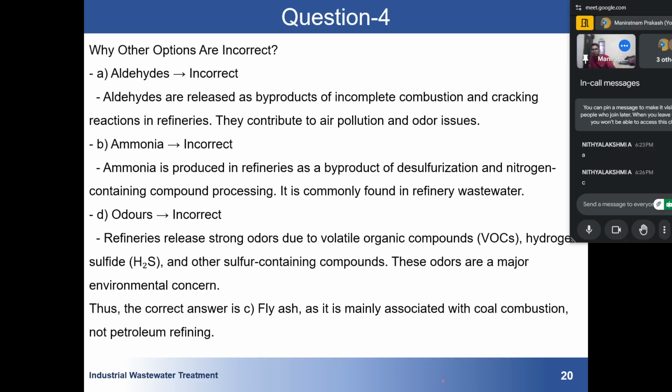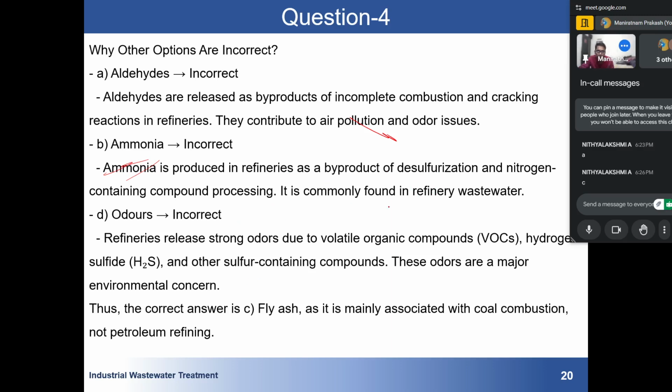Aldehydes are released as byproducts of incomplete combustion and cracking in refineries. They contribute to air pollution and odor issues. Then the second thing was ammonia. Ammonia is produced in refineries as a byproduct of desulfurization and nitrogen-containing compound processing.